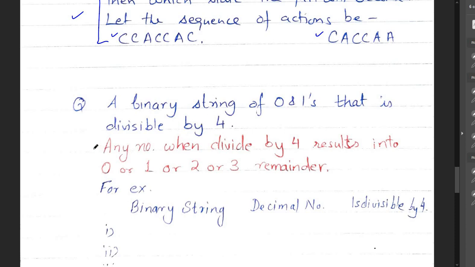Any number, if divided by 4, will result in either remainder 0, remainder 1, remainder 2, or remainder 3. There could not be any other possibility. So if you have a binary string, you can land up at either remainder 0, 1, 2, or 3.